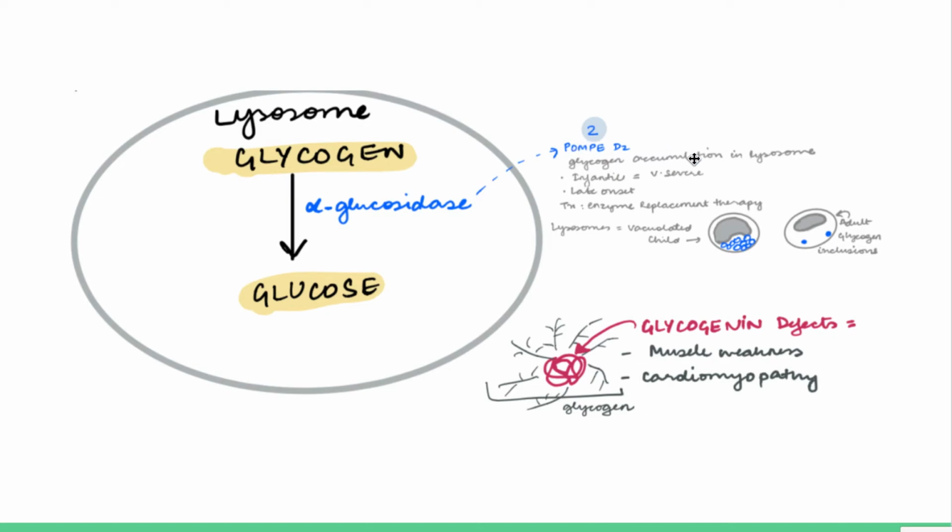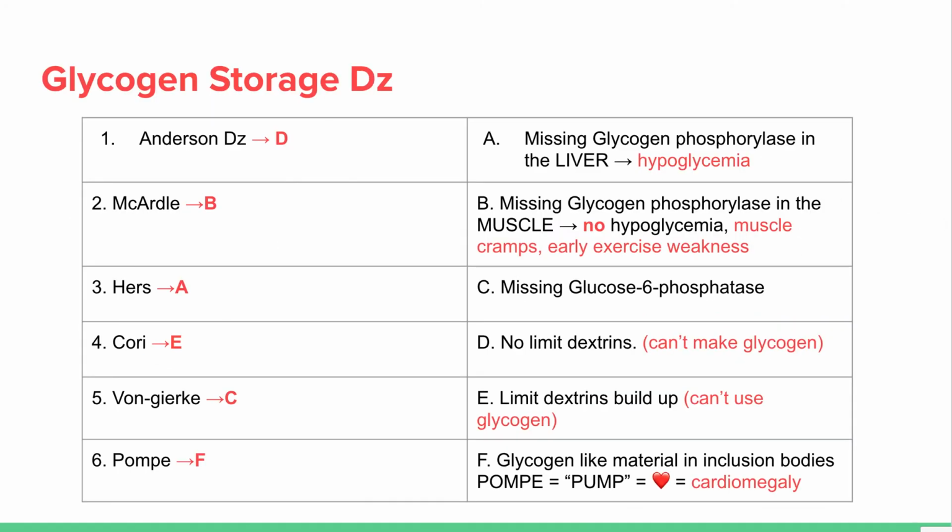So in Pompe disease, you're actually going to see very severe cardiomyopathy in kids. And what you also see is glycogen accumulation within the lysosome. So you can see vacuolated lysosomes. This is what it appears like in a child, and this is how it appears in an adult.